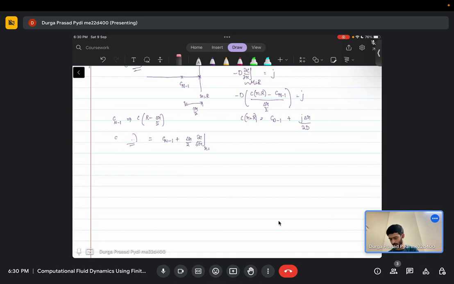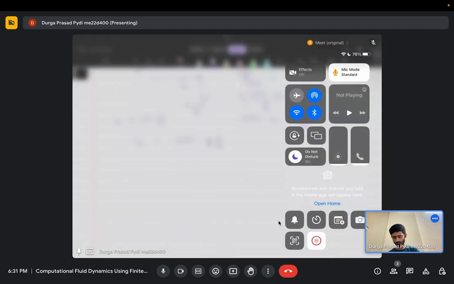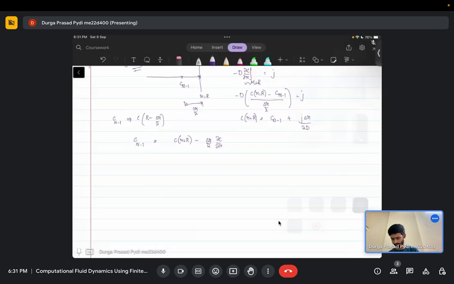or okay, I should write it in a different way. Cn minus 1 can be written as C at r equal to r minus delta r by 2 del C del r, plus some second order.